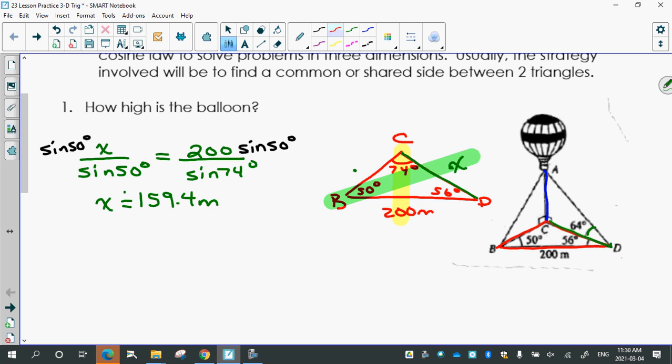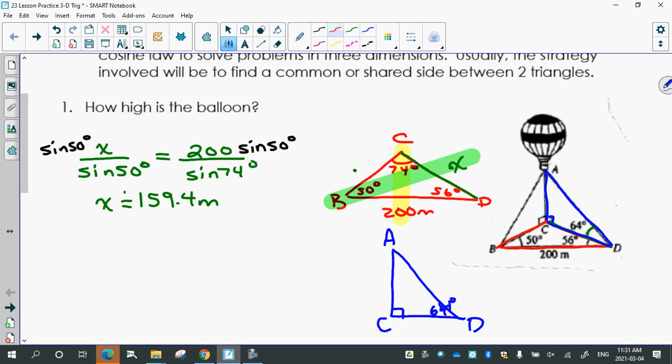So now I've got a right angle triangle that's harder to envision. This blue one is a right angle triangle, so I always like to redraw them because it's hard for me to envision that they're right angle. So this is triangle CDA. It's got a right angle here, which you can see in the diagram, but it's hard to visualize. It's got a 64-degree angle at the bottom here.